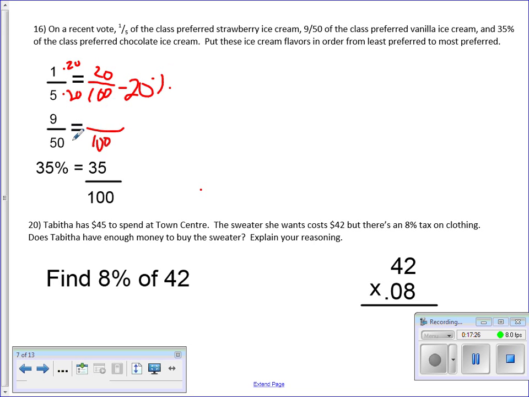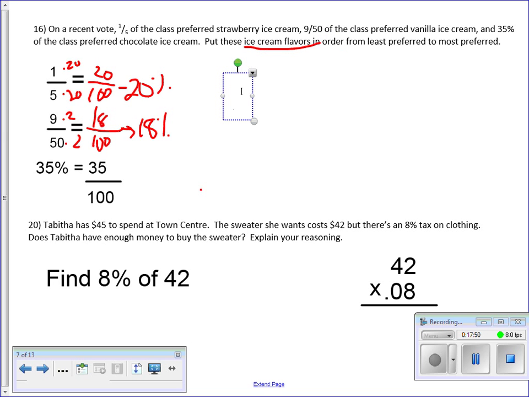If I'm looking at 9/50, 50 times 2 is 100. 9 times 2 is 18. So 18% preferred vanilla and 35% preferred chocolate. So I took off points because the question's asking put the ice cream flavors in order, not the numbers.